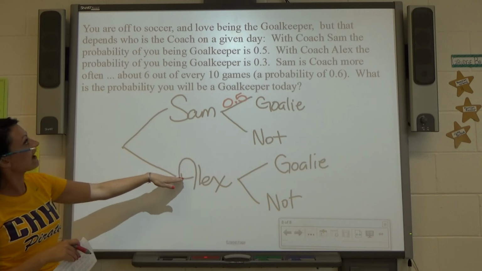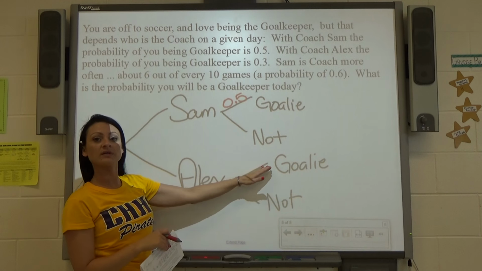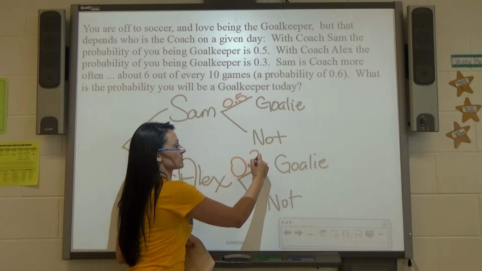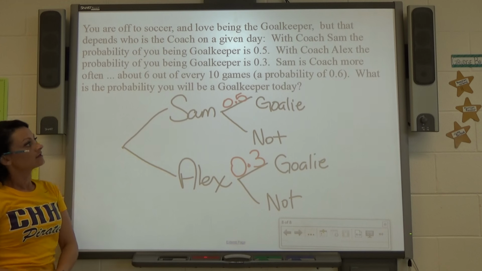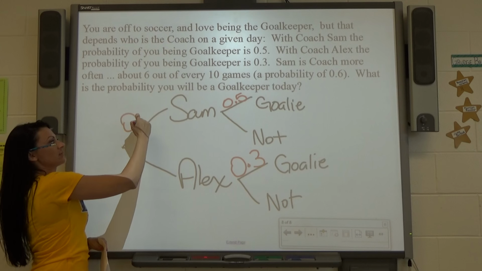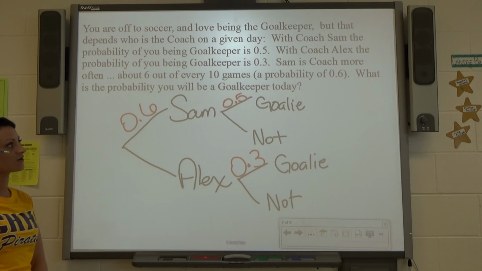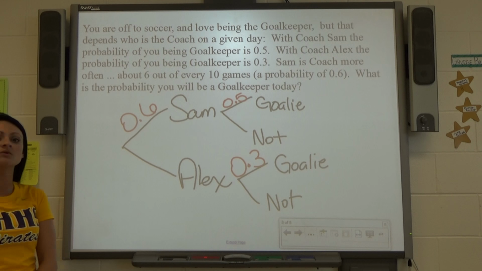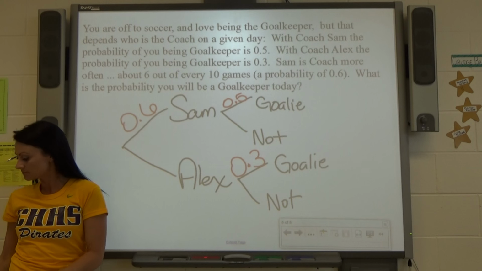And with Coach Alex, I have a probability of being goalie that is 0.3. Coach Sam is coach more often, about 6 out of every 10 games, so a probability of 0.6, and our goal is to find the probability that we're going to be goalkeeper that day.